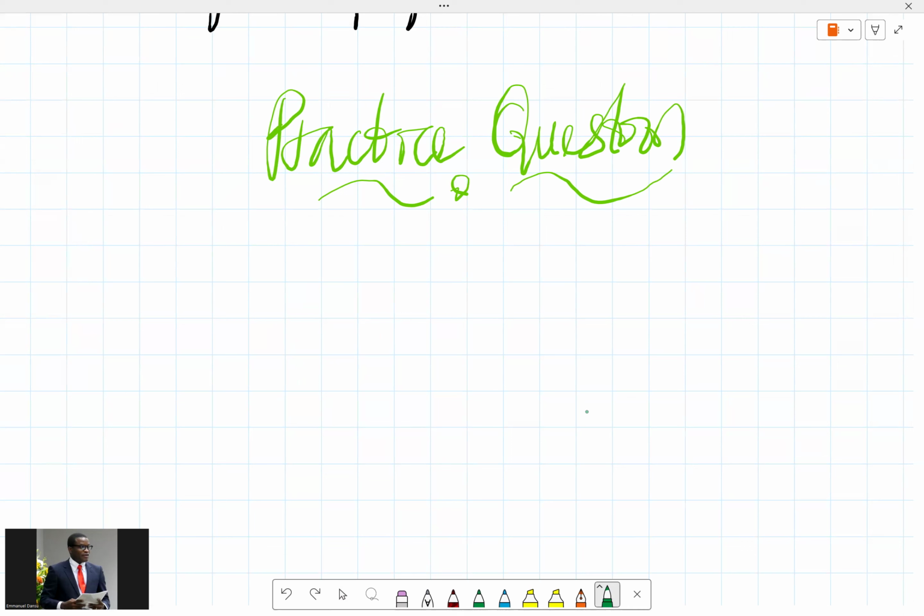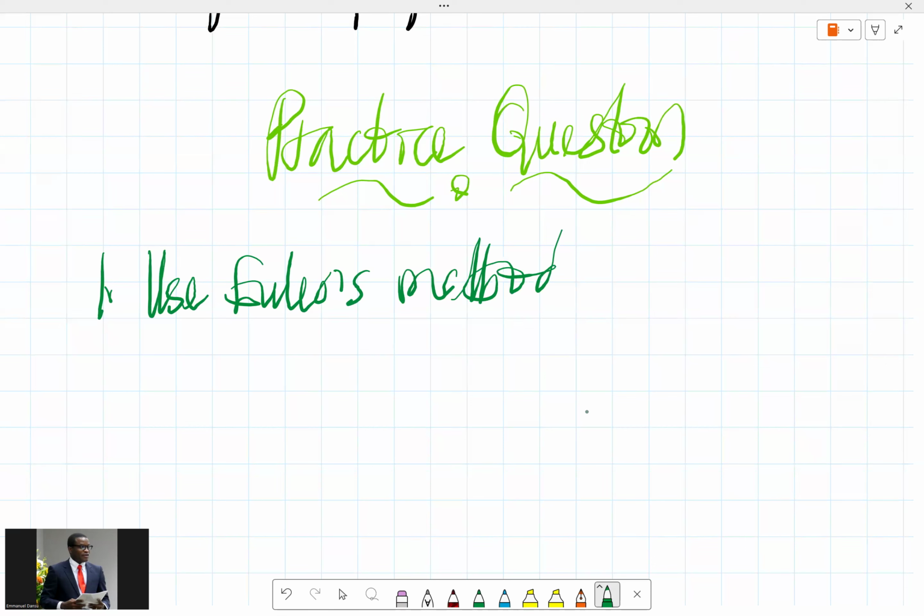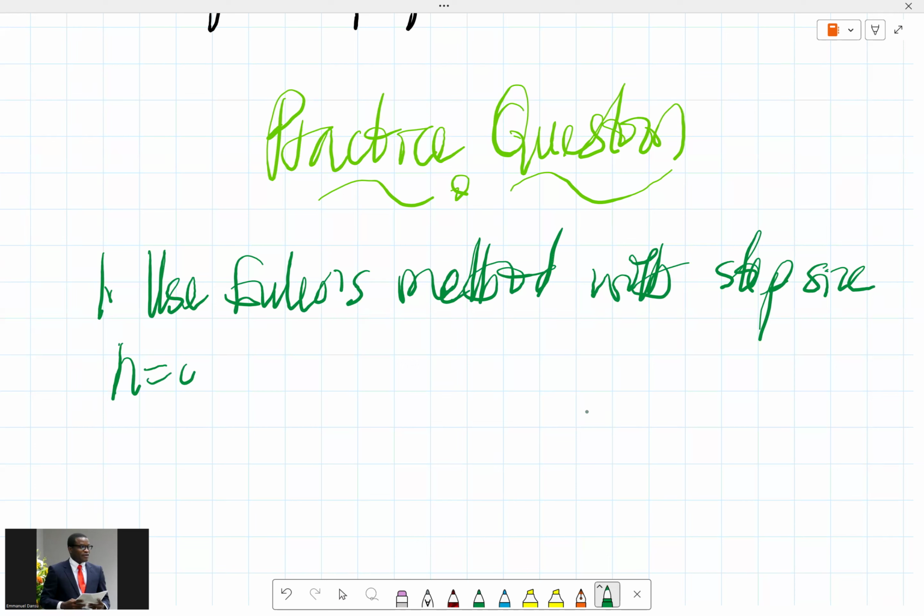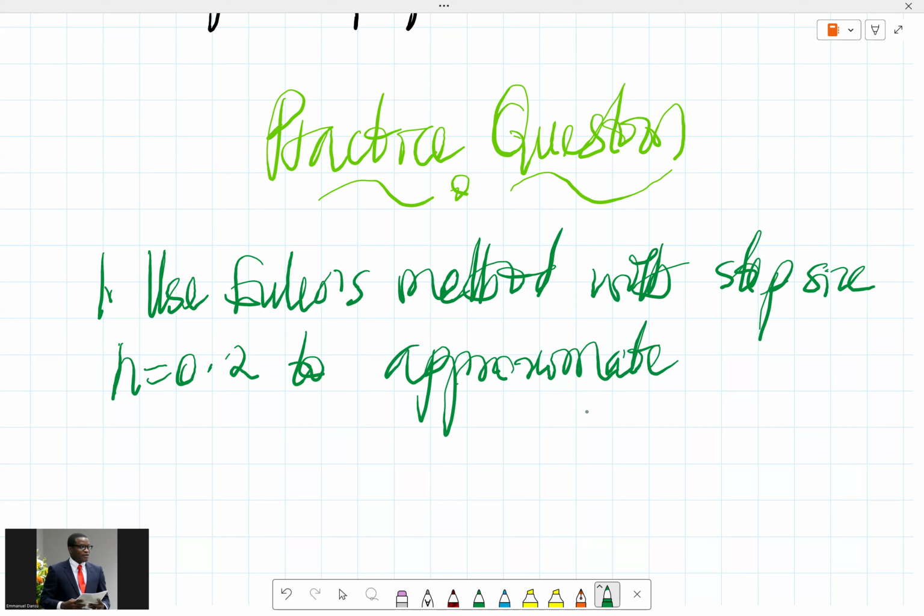Talking about basic application, question one: use Euler's method with step size h equals 0.2 to approximate y of 0.4.